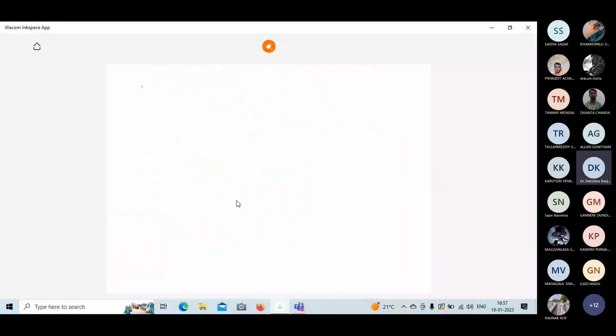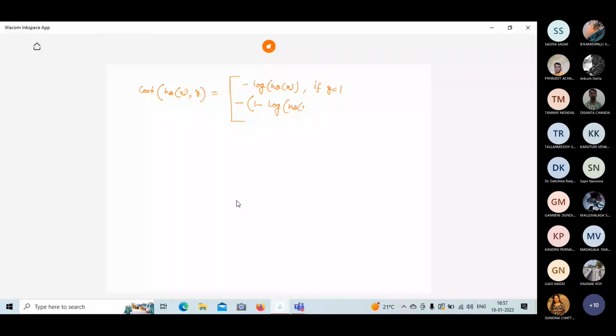Now, if we consider the first type of cost function, for the positive class level, cost of h theta x, y, let me write the two functions: minus log of h theta x for class level y equals to 1, and minus log of 1 minus h theta x if y equals to 0.